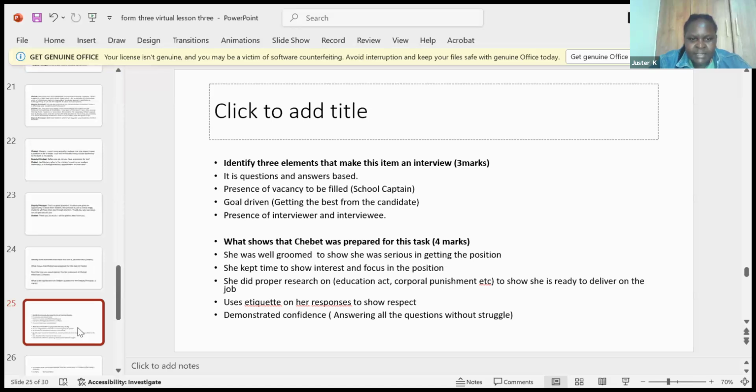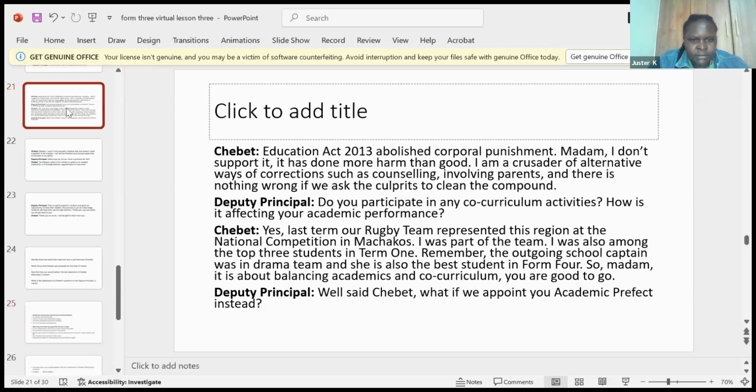The fact that Chebet is conversant with the Education Act and corporal punishment shows that she did her research properly. She uses etiquette in her responses to show respect. Which are these etiquette in her responses? Can we maybe identify some?